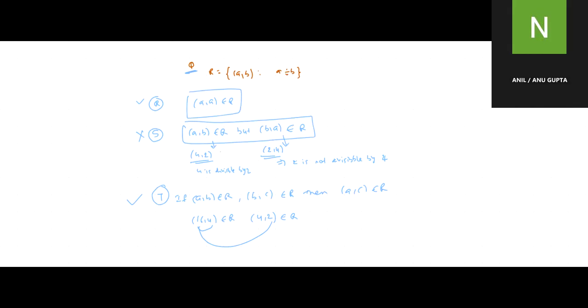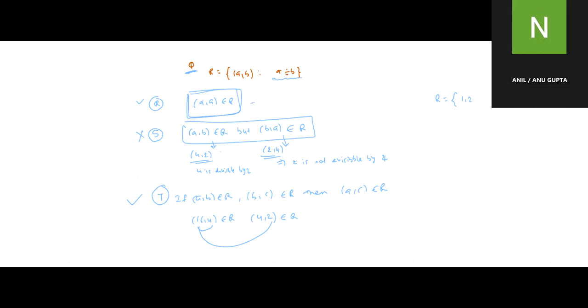Yes. रोस्टर फॉर्म क्या होता है? बेसिकली एलिमेंट्स देते हैं आपको, लाइक 1, 2, 3, ऐसे कुछ देते हैं, राइट? और सेट बिल्डर में लिखना होता है। बेसिकली दिस इज सेट बिल्डर फॉर्म ओनली। A is divisible by B, राइट? It is a set builder form, correct? So सेट बिल्डर फॉर्म में देते हैं, तो try to write it in a sentence like (A, A) also belongs to R, that means A is divisible by A, which is true.